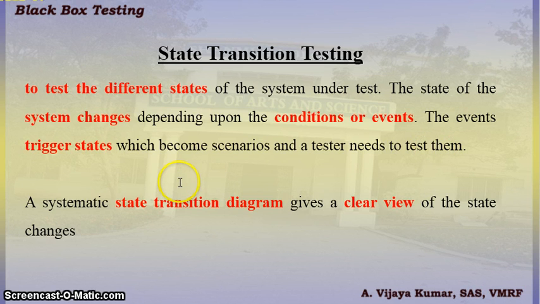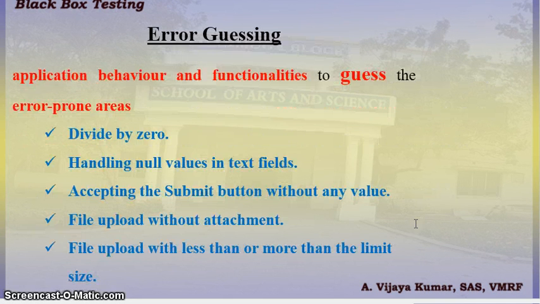So the state transition diagram will be helpful in state transition testing. The state transition diagram gives a clear view of what the system changes. This is about the state transition diagram.